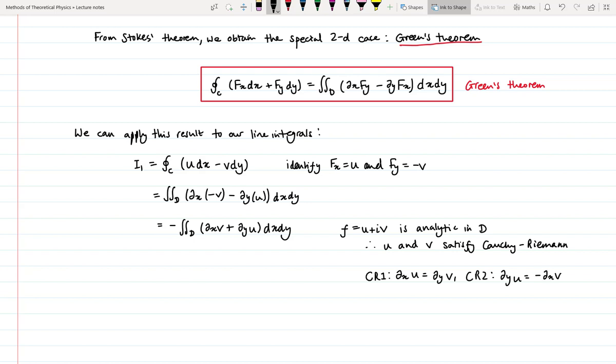So we're allowed to assume that these hold because by hypothesis our complex function is analytic in D. This means that we can replace the second term in our integral, dyu, as minus dxv. This will give us this expression. And now these terms cancel. Therefore, we have that the line integral I1 does indeed vanish.